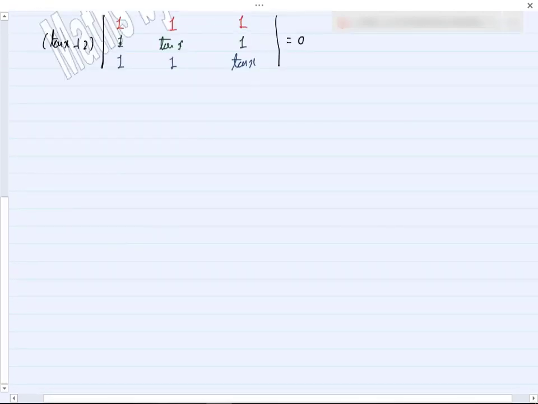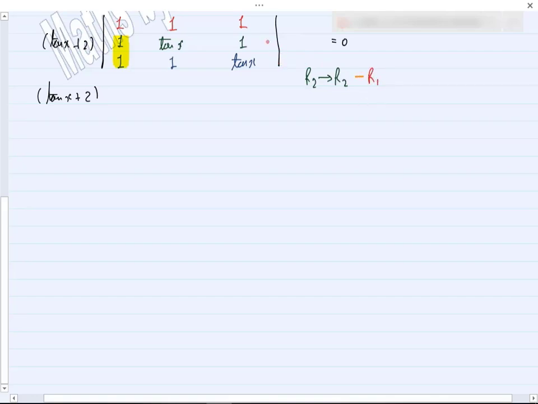Now, before we simplify the determinant, let's get as many 0s as possible. So I will try to get 0 at the A21 and A31 positions using the first row. So the preferable operations are R2 gives R2 minus R1.